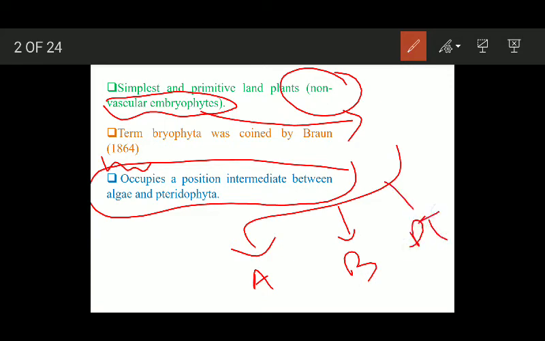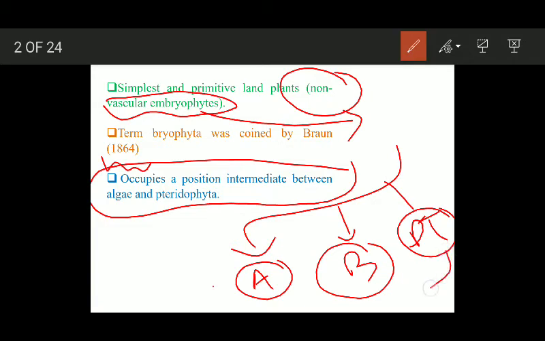They are intermediate between algae and pteridophytes. So you can say the bryophytes, they are evolutionary more advanced as compared to algae, but less advanced as compared to pteridophytes. Okay, this is what it means when we say they occupy a position intermediate between algae and pteridophyta.